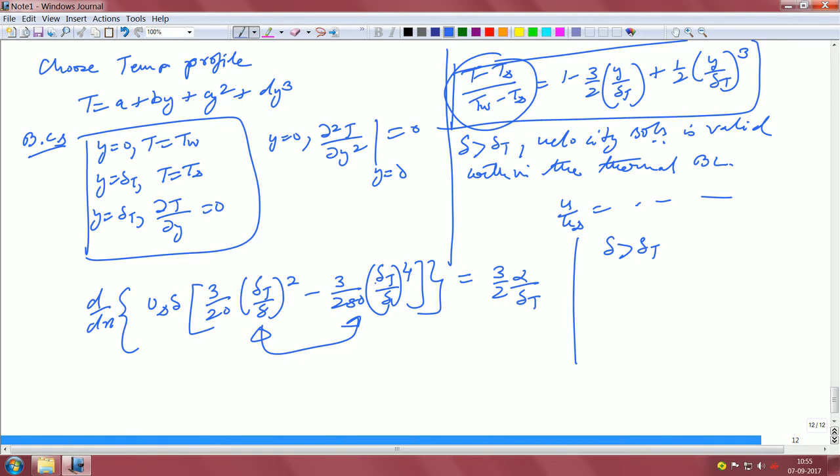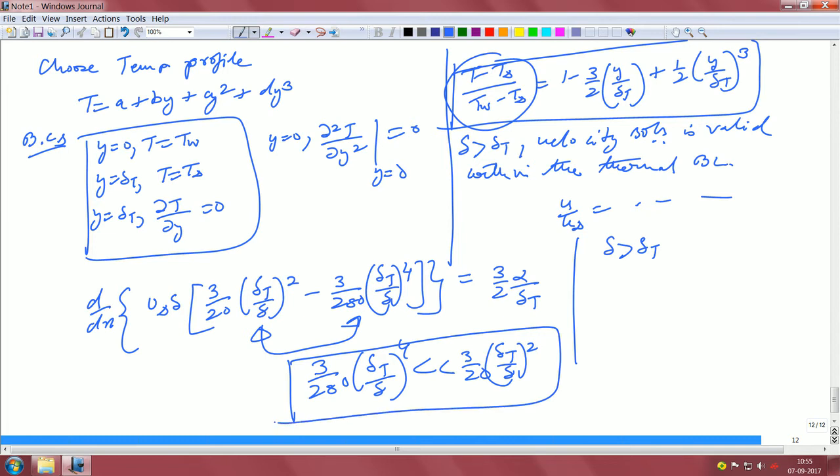So, naturally there will be more such variations. So, you can safely assume that 3 by 280 delta t by delta to the power of 4 is much lower than 3 by 20 delta t by delta squared. That is already an assumption based on the fact that delta is greater than delta t.